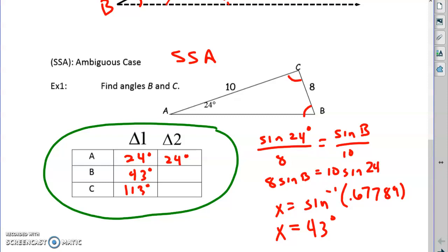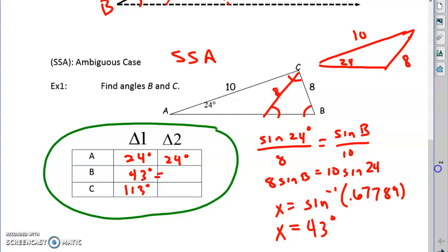But what about the other one where A is 24? Side A is 8. Side B is 10, but B is now the obtuse angle. How do we find those pieces? Here's how. Once we get that angle 43, we're first going to take the supplement of that 43, because if we draw the side down there, that angle creates an isosceles triangle, hence 8 and 8.